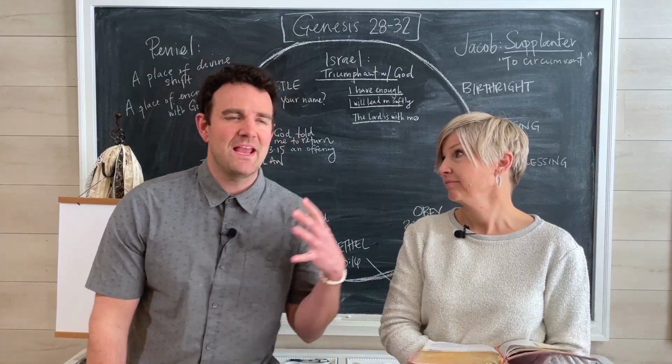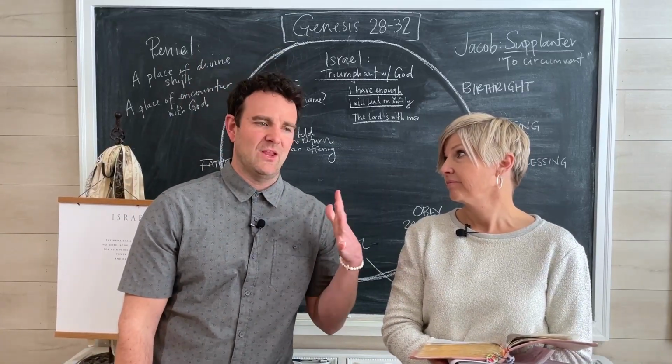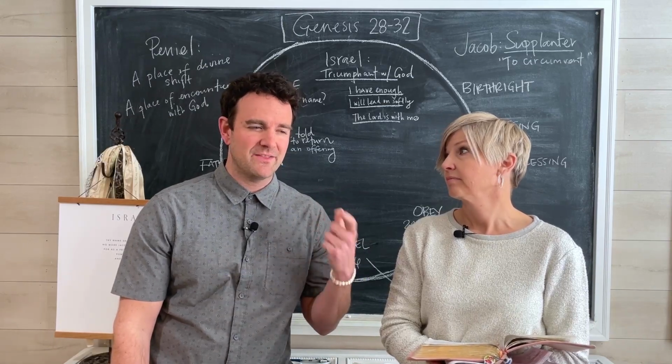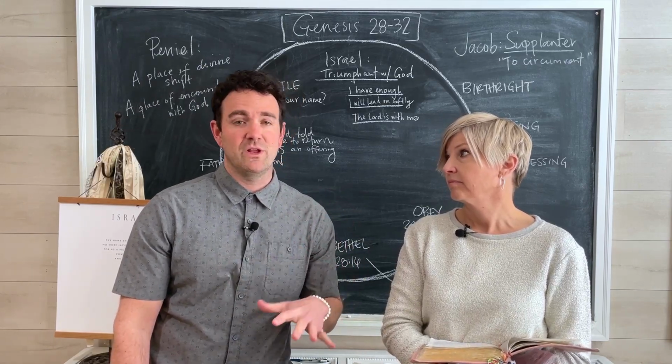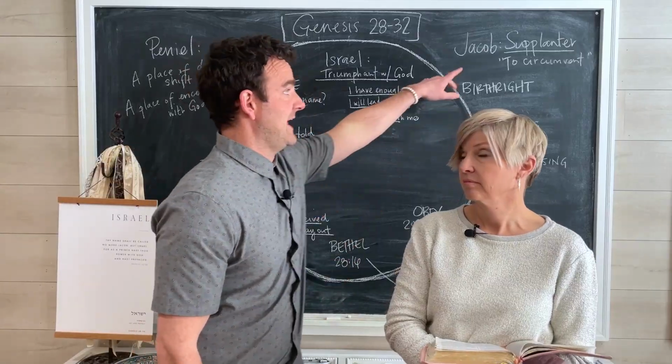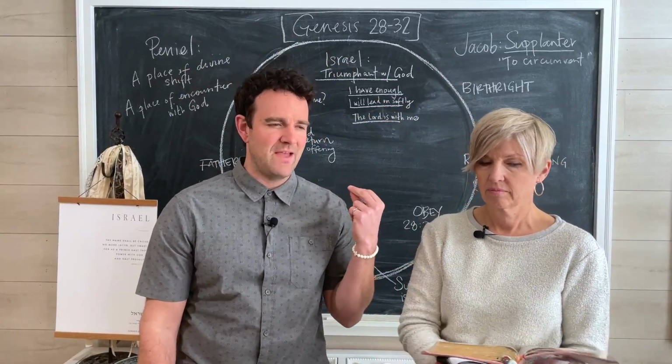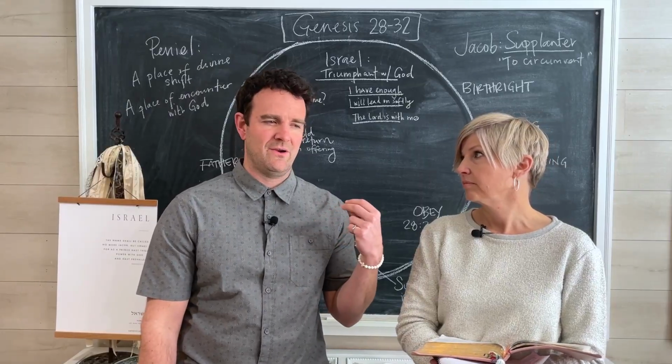So we gave you a name for Jacob. Jacob can mean a lot of different things. One of them is deceiver, and that's what we focused on last time. Another meaning of the name Jacob that we really want to focus on today is supplanter. To supplant is to go around, to circumvent, to try another way.